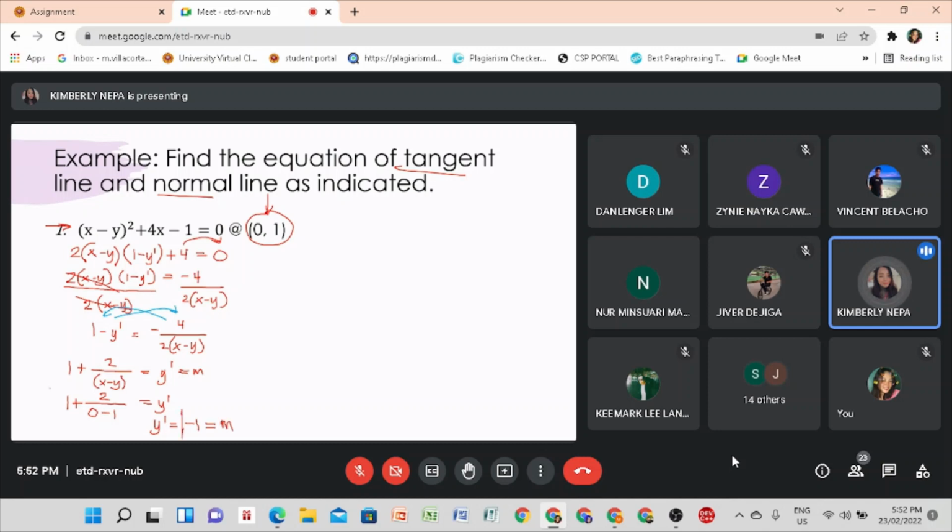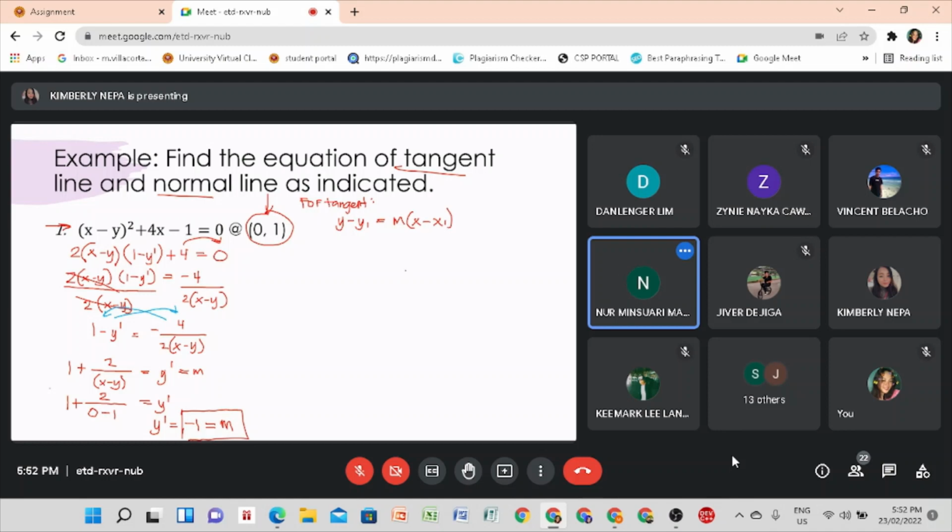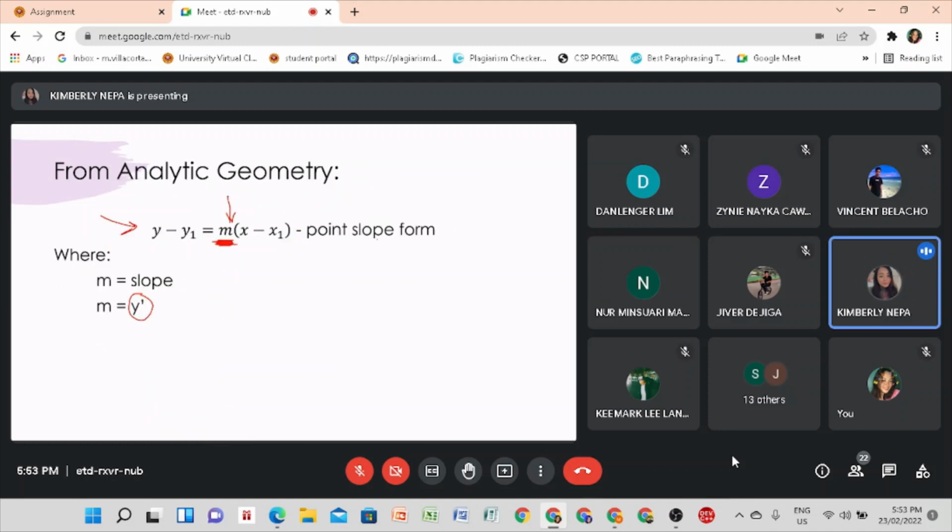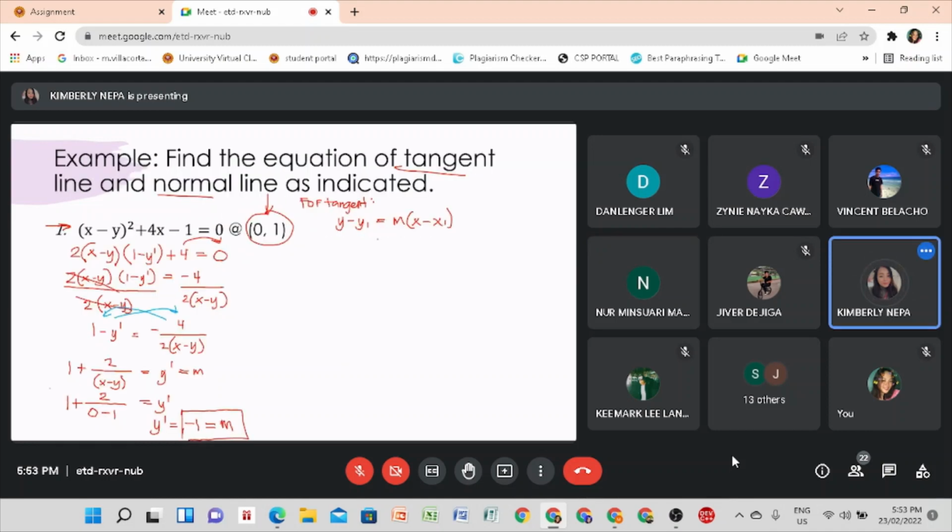So, we'll be needing this slope in order for us to find the tangent. So, for tangent, again, that is from the formula y minus y sub 1 is equivalent to m times x minus x sub 1, correct? This is the point slope form formula. Yes po. So, we have the given points here.